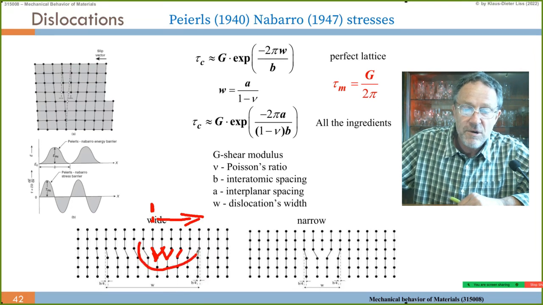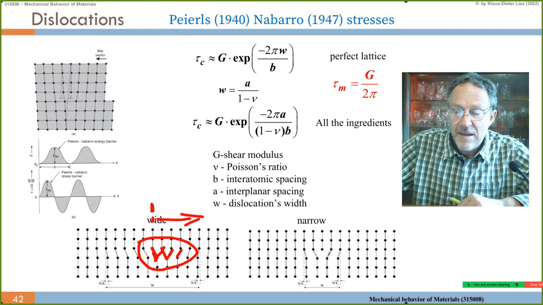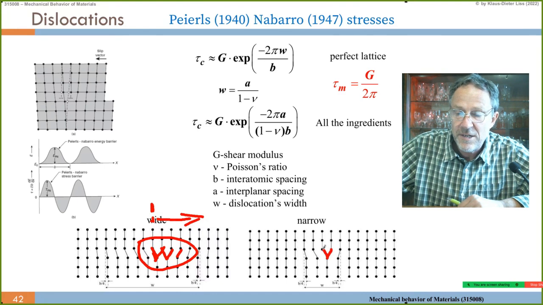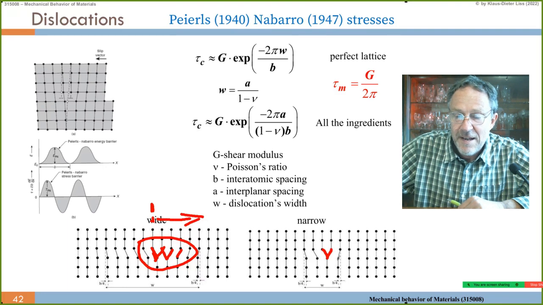So this costs little energy, while if I switch, let's say, in the narrow dislocation from the right to the left, then I see I have to advance all the other inclinations by the Burgers vector at the same time.